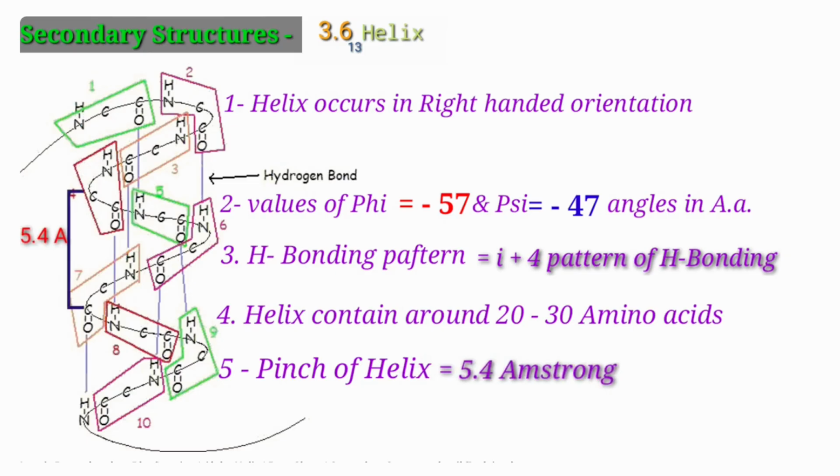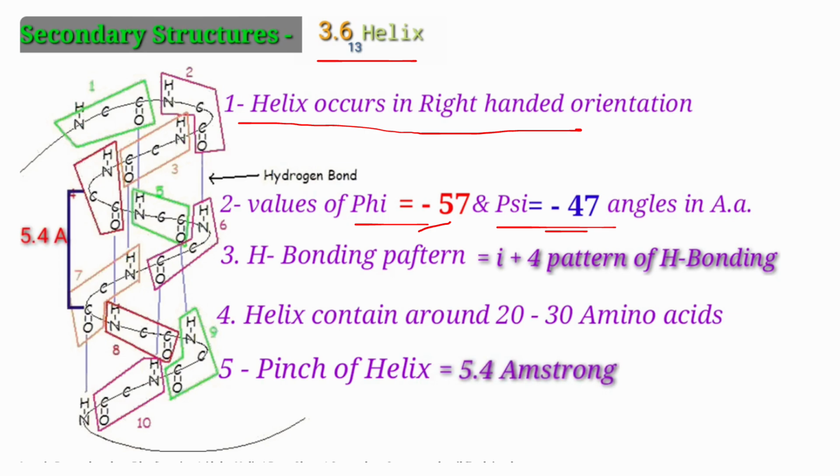Let's see. So here is an example of the 3.6 13 helix. I adapted this picture from the internet. Let's first talk about why the helix occurs in right-handed orientation. If we see the phi and psi values, the ideal phi and psi values for the alpha helix are minus 57 and minus 47.